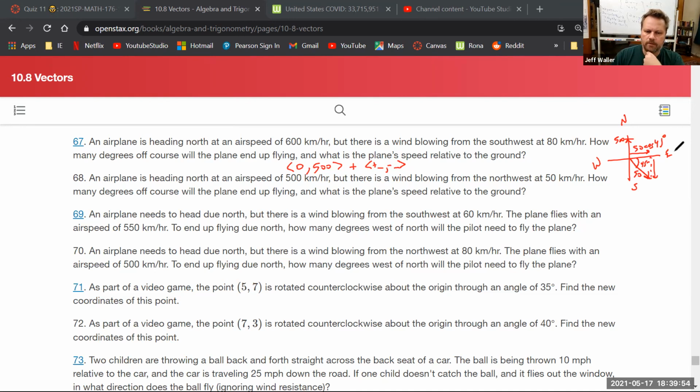And that's how you would find the other part of the vector, and then if you add those together, whatever you get as a result, you do the inverse. How many degrees off course? That's going to be the inverse tangent of the y piece over the x piece of the result. That's how you always get the angle a vector is at. And the plane speed relative to the ground is just going to be the length of the resultant vector, right?